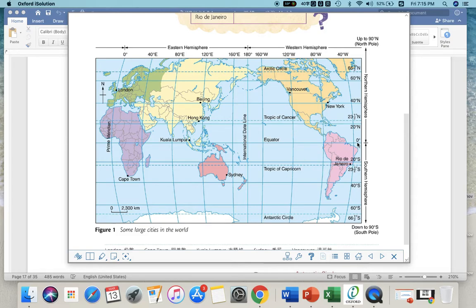At 0 degrees of latitude, we call it the Equator. 23.5 degrees south is the Tropic of Capricorn, while 66.5 degrees south is the Antarctic Circle. For the longitude, at 0 degrees, we call it the prime meridian. For 180 degrees, we call it the international date line.